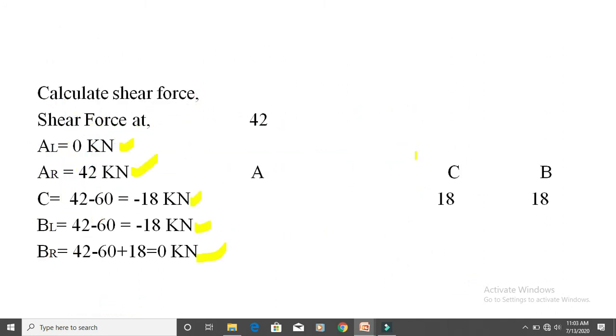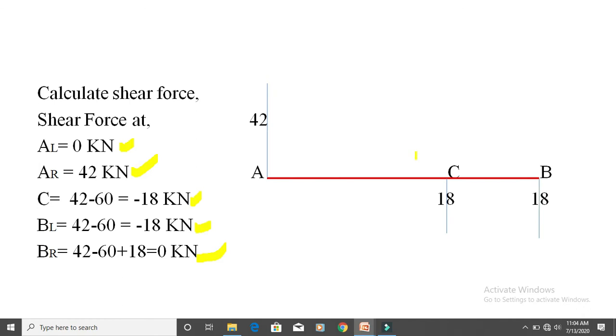The next step is to draw the shear force diagram. First draw the baseline ACB. The value at A is 0, then the value at A right is 42 kilonewton, which is plus, so draw a vertical line above the baseline. Then the value at C is minus 18, so draw a vertical line below the baseline. B left is also minus 18.